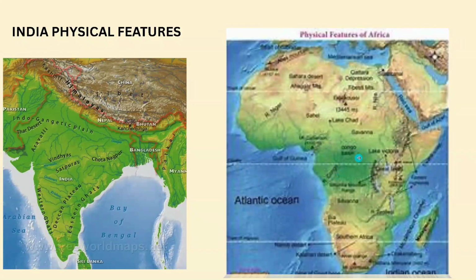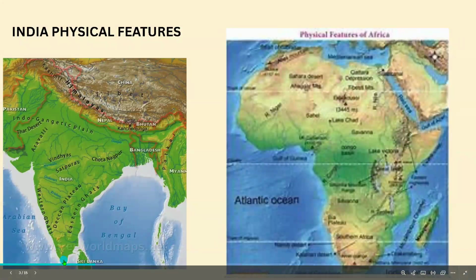And when we are talking about India, as it is nearer to the equator, beginning from 8 degrees, in the southern tip you will find an equatorial type of climate. When we talk about the tropics, the Tropic of Cancer is passing through the northern part of Africa. So also for us, the Tropic of Cancer passes through the center of our country.